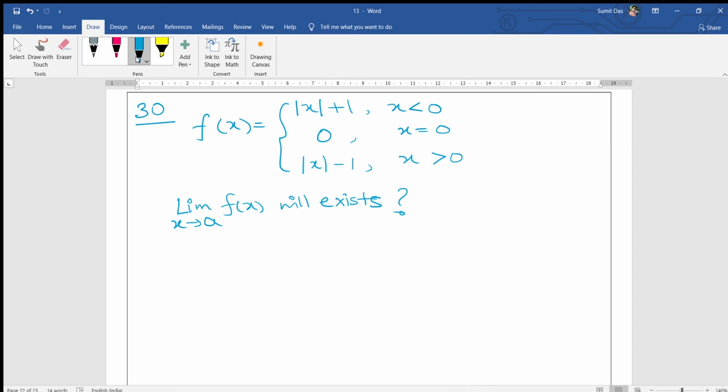Suppose the question was given as x tends to 0 or x tends to 2 or minus 5, then we could easily go to the question. But here it is given a. That means we have to take all the possibilities of a. Okay, a can be a positive number, a can be a negative number, like that.